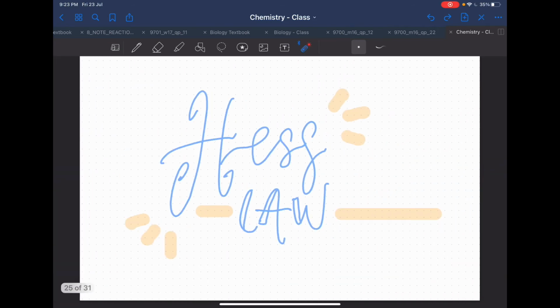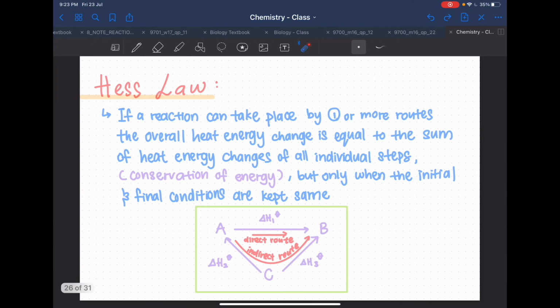Next is Hess's law, which states that if a reaction can take place by one or more routes, the overall heat energy change is equal to the sum of the heat energy changes of all individual steps. This is basically a description of the conservation of energy, but only when the initial and final conditions are kept the same.